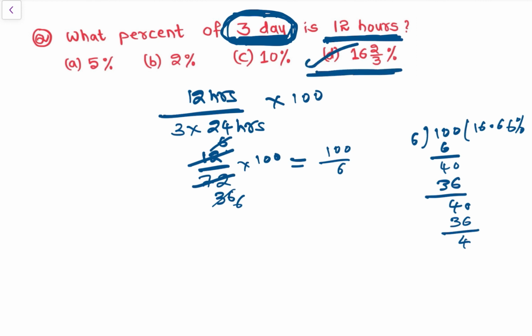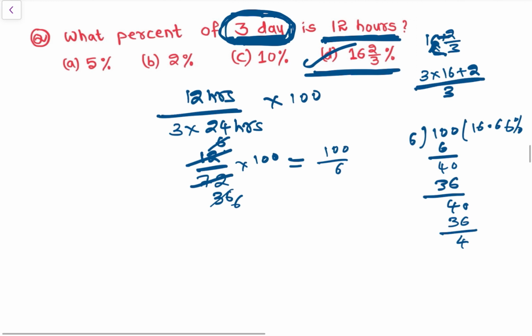So here 16.66%, that is 16 2 by 3 percentage. 16 2 by 3 can be written as 3 into 16 plus 2 divided by 3. See, in number system we have already done this. So 3 into 16 plus 2, ठीक है, multiply करके plus 2 add करना है by 3. So 3 6s are 48, 48 plus 2 is 50.